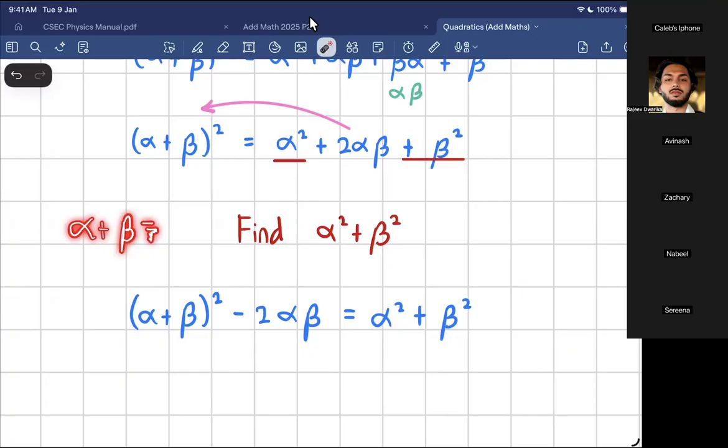How did you find alpha plus beta by using what formula? Again it's the third line. It should say alpha plus beta is equal to something. Oh wait, I was looking at Serena's working. My bad, Nabil. Yeah, it's in your working.